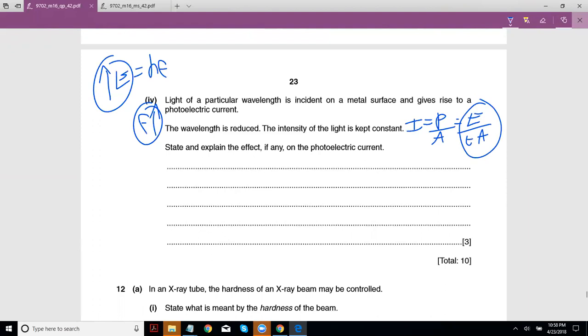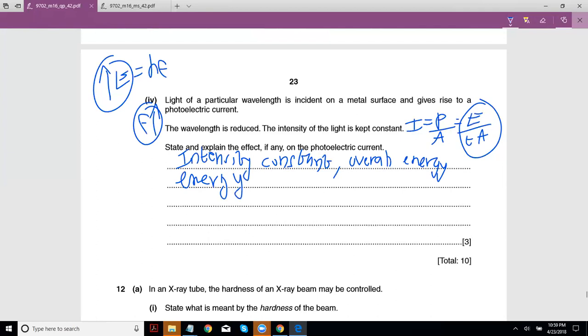The difference is that E is equal to hf is the energy per photon, and E upon t is the energy of all the photons. So there will be fewer photons then. Since intensity is constant, the overall energy is constant.